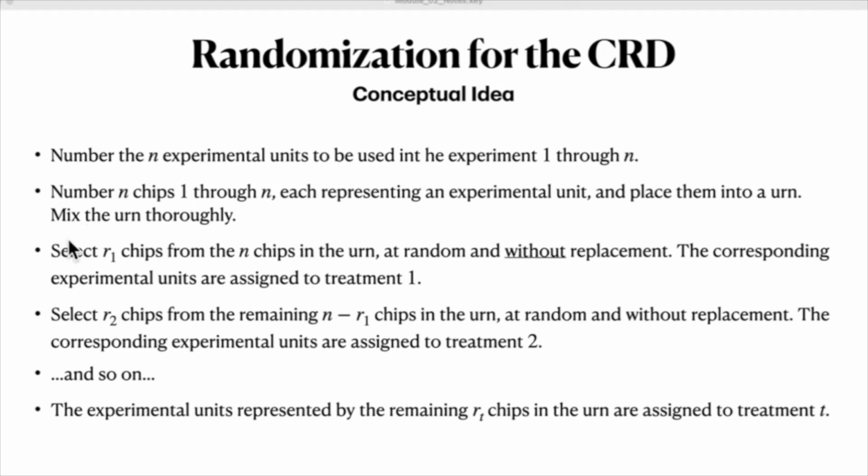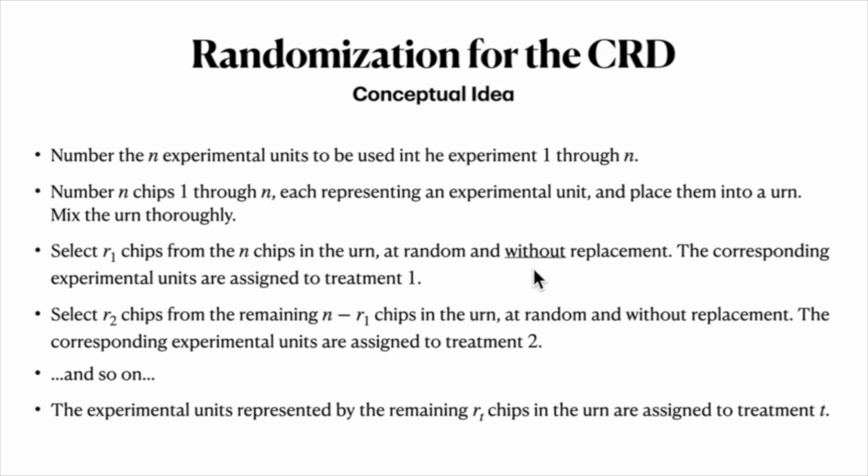But once those numbers have been determined, the process would be to select R1 chips from the n chips that are in the urn at random and without replacement, obviously. The corresponding experimental units are assigned to treatment 1.